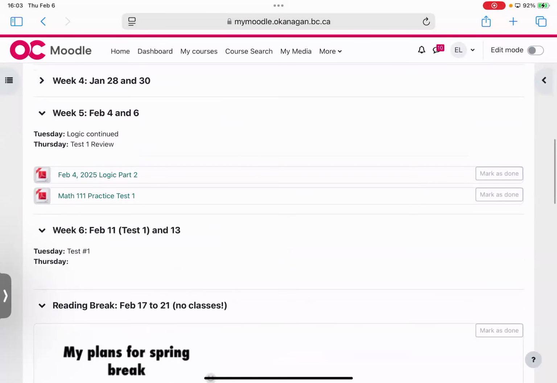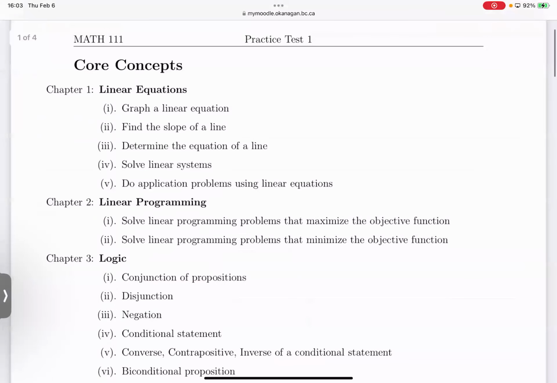So we've got our test one review. I put this practice test that we're going to go through together. Usually I think it's nice to give you time to work through it, but I also think it might be nice to have a video of the solutions start to finish.